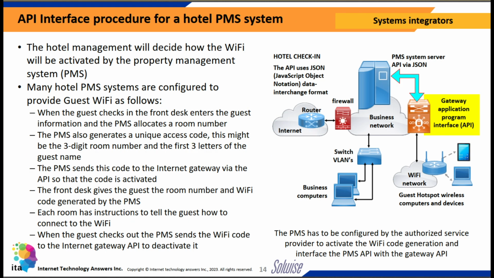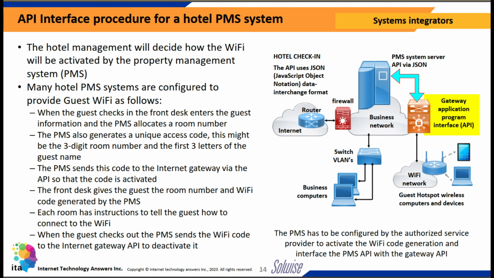The hotel management can decide exactly how they want to implement the guest Wi-Fi as part of the property management system. One system which is very popular, used by Hilton hotels, the property management system generates the access code, and this might be the room number plus the first three letters of the guest name.